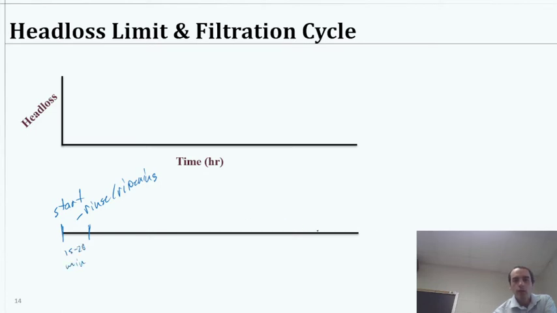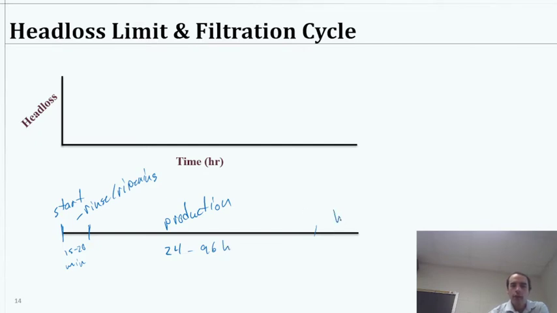Then we have production. That's usually on the scale of hours, anywhere from maybe 24 to 96 hours. Just really depends on the system.